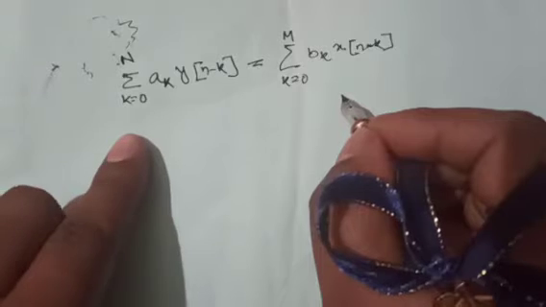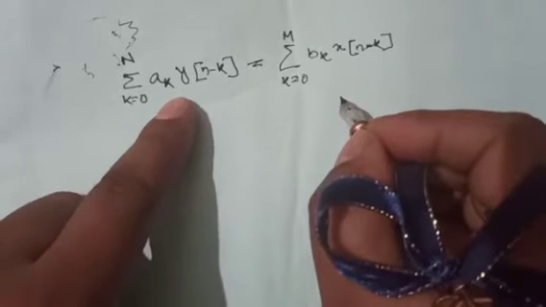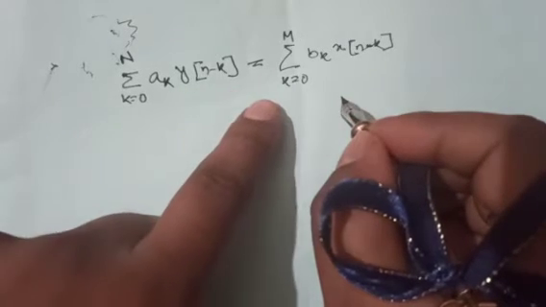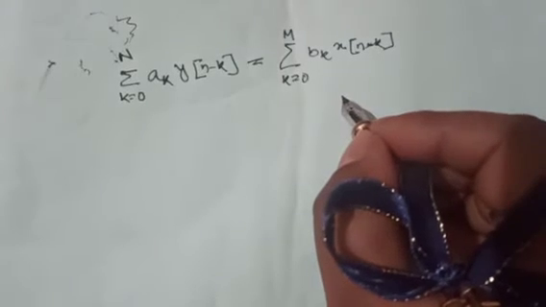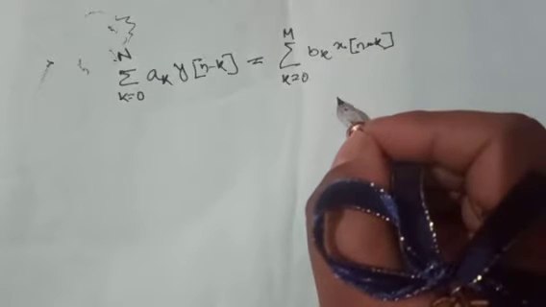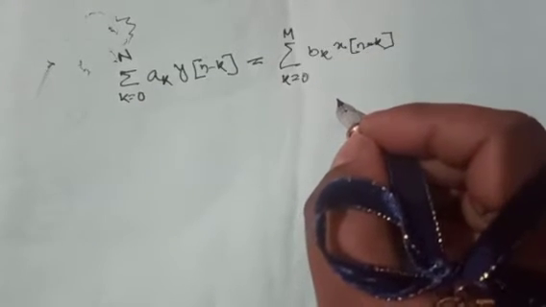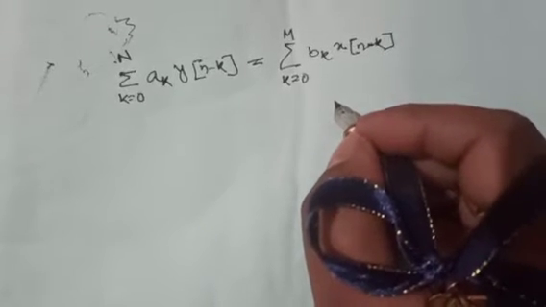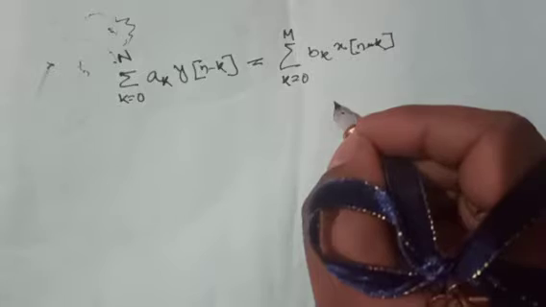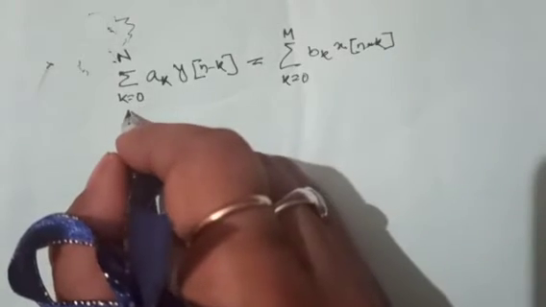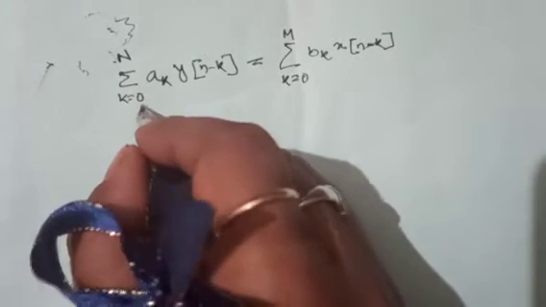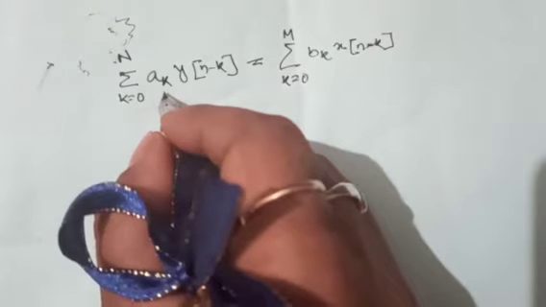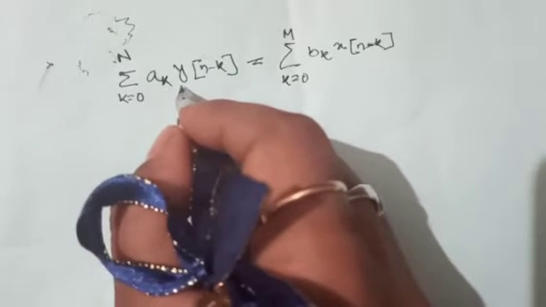So summation over k equal to 0 to N of a_k y of n minus k is equal to summation over k equal to 0 to M of b_k x of n minus k. Here N is called the order of this difference equation, or the order of the system. Since I have written it from k equal to 0, there will be a0 y of n.